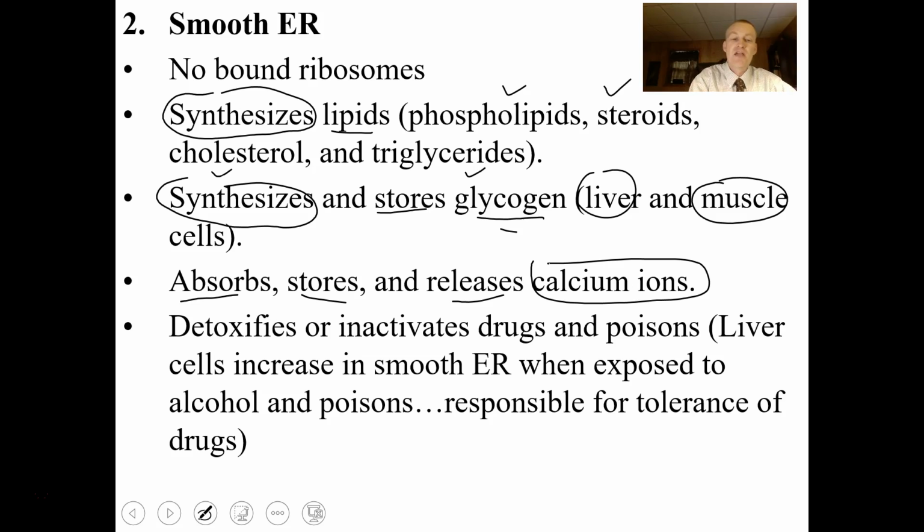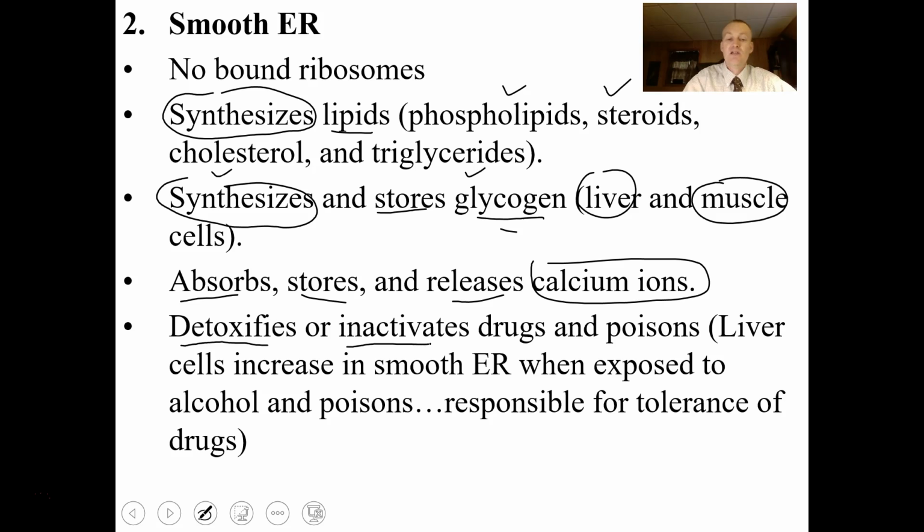Another thing that you see in liver cells, but there are in other cells as well, is the smooth ER can detoxify or inactivate drugs and poisons that we ingest. So the liver cells, because of the way we digest food, the liver is the first organ that receives nutrients from the small intestine. So literally all the blood that's absorbing nutrients from the small intestine goes straight to the liver, and it's filtered by the liver.